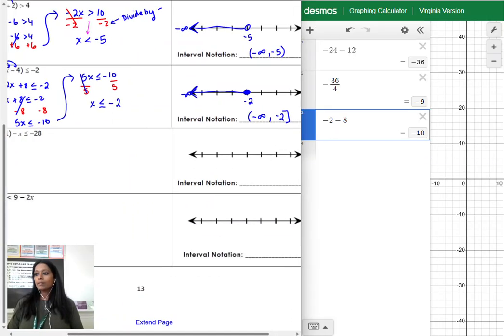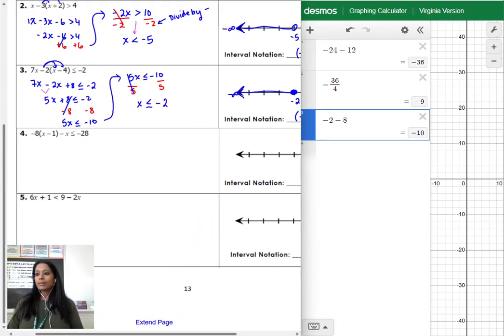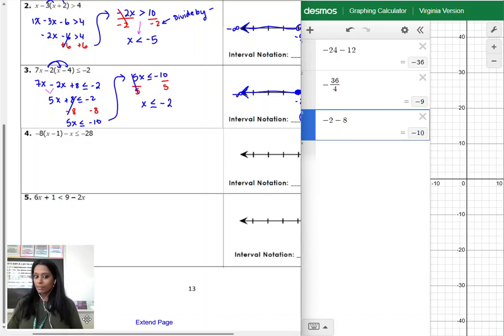Right, a couple more problems, and then I will show you some things in Desmos that might be helpful for us, okay? So I have parentheses. I need to get rid of the parentheses by distributing, so that's going to be negative 8 times x, which is negative 8x, and then negative 8 times negative 1, that's positive 8. Bring down the negative x, bring everything down.